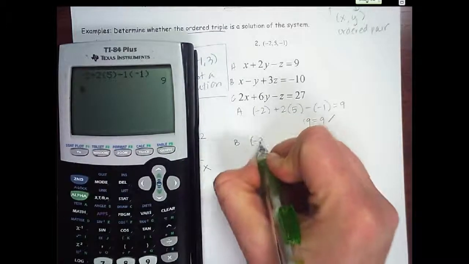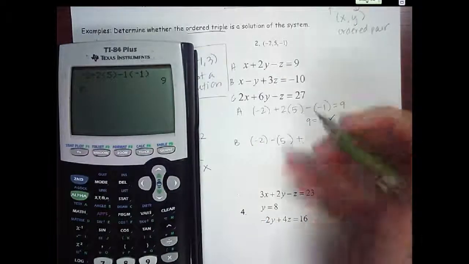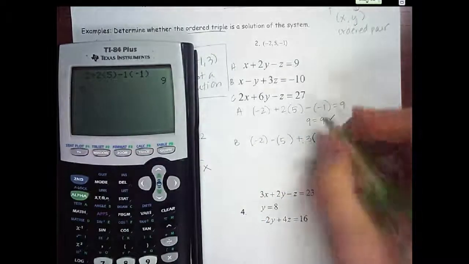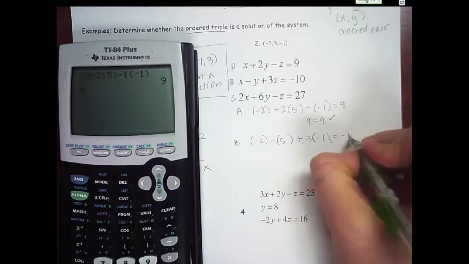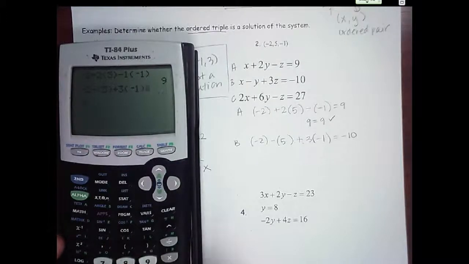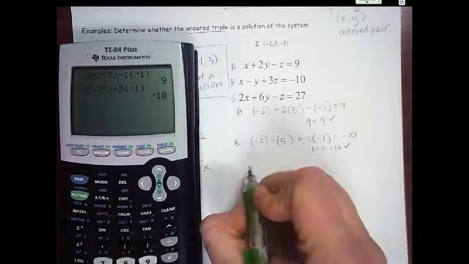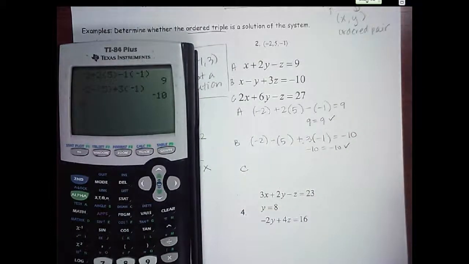Second equation, B. In for x, I put -2 minus y plus 3 times -1 equals -10. So -2 minus 5 plus 3 times -1 equals -10. -10 equals -10. Now we learned from the first one, we have to check it in all 3 equations.